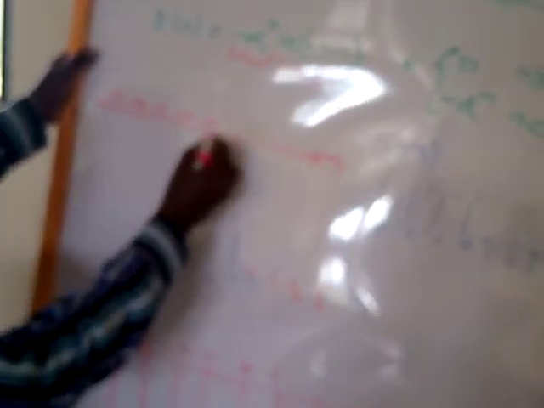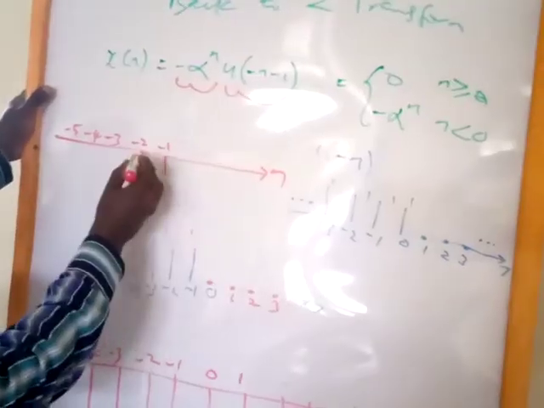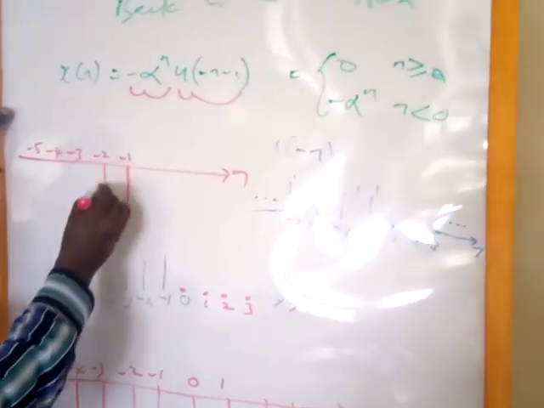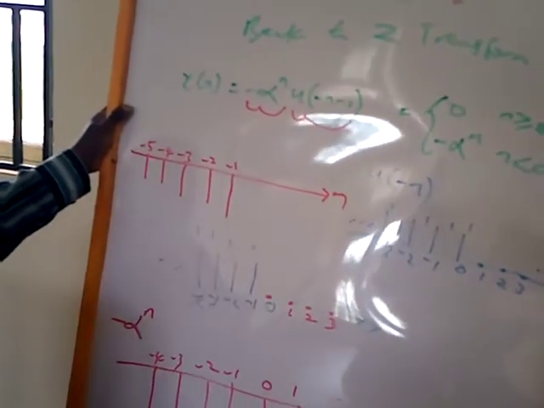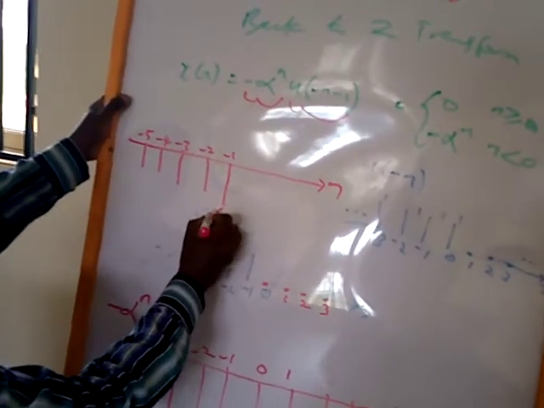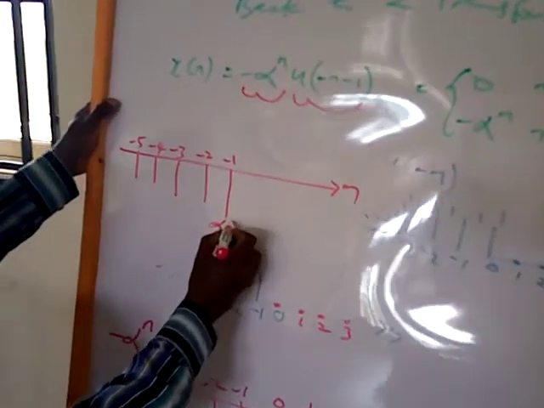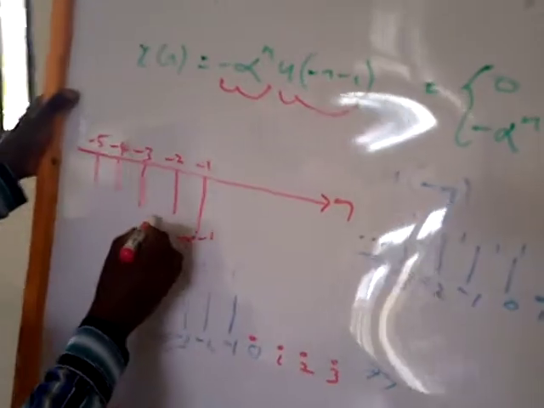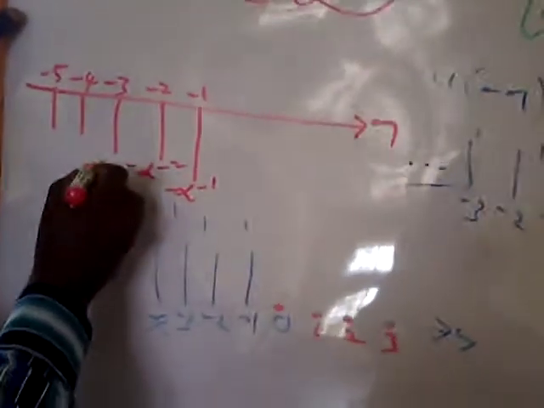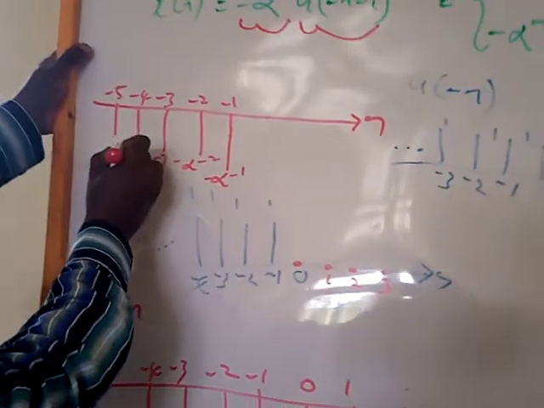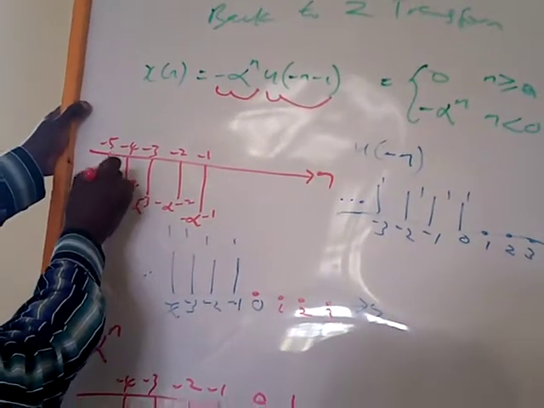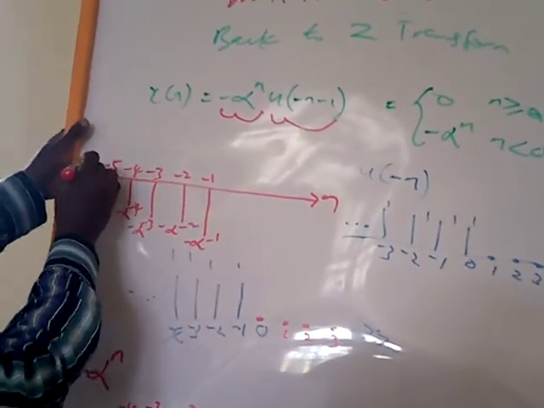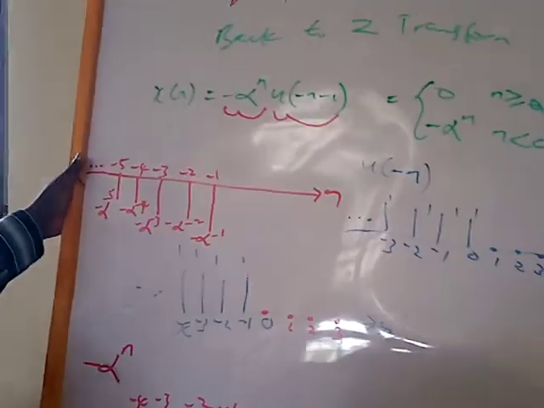I'm going to have this. This will be minus alpha raised to power minus 1, minus alpha raised to power minus 2, minus alpha raised to power minus 3, minus alpha raised to power minus 4, minus alpha raised to power minus 5. This trend will continue that way.